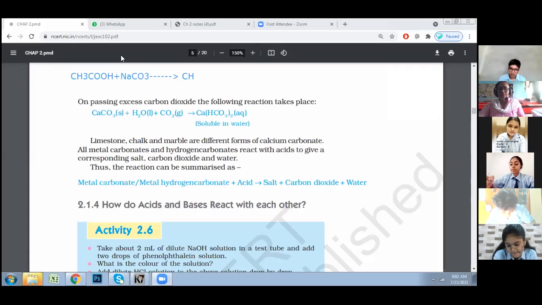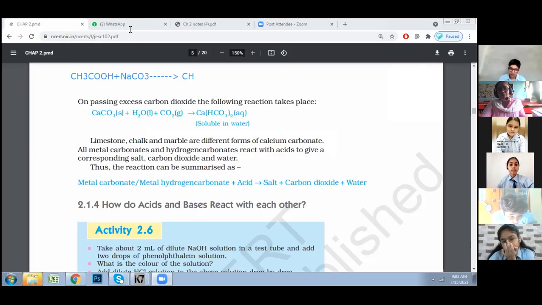I am writing here just next to this: CH3COONa. Okay, this was formed yesterday. Plus, what will be evolved? Carbon dioxide plus water, H2O.